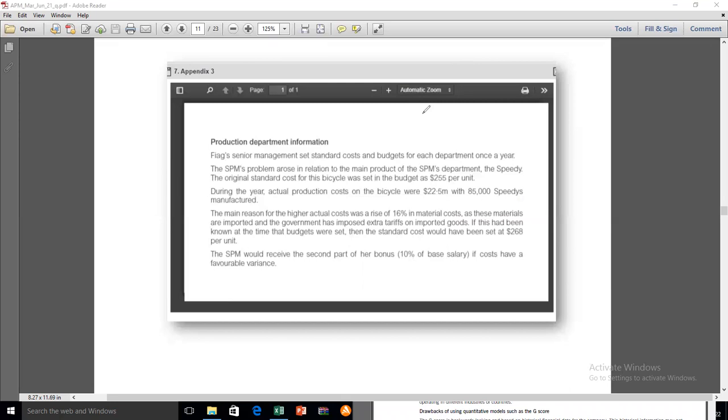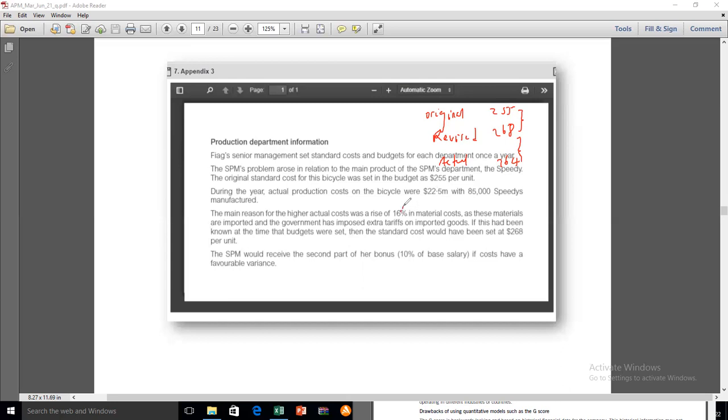So then the original budget was 255. The revised budget was 268. The actual was 264. So that's our planning variance and that's our operational variance.